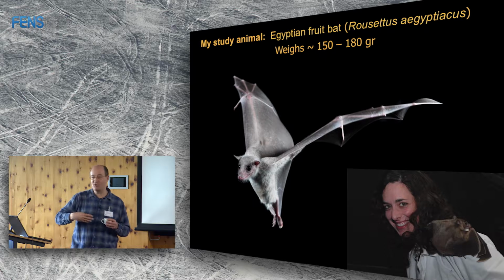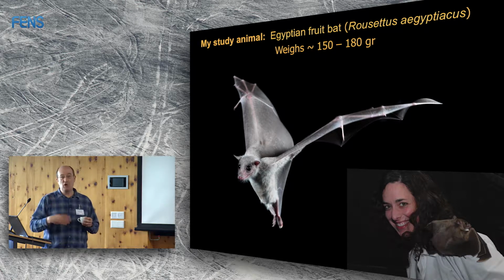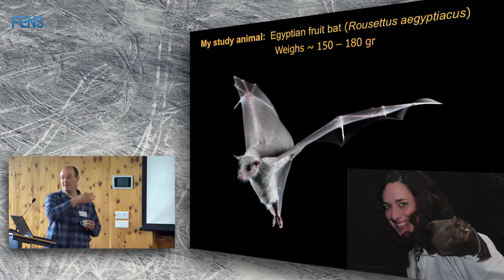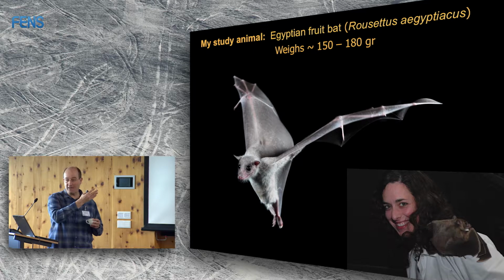You also need to miniaturize the electronics, but of course, it also helps to have a 10 times bigger animal, which is what I did when I moved from the US to Israel. Instead of working with the 15-gram big brown bat, which is just bigger than the little brown bat, but not big in any absolute sense. So switching to this big animal solves a lot of technical issues.